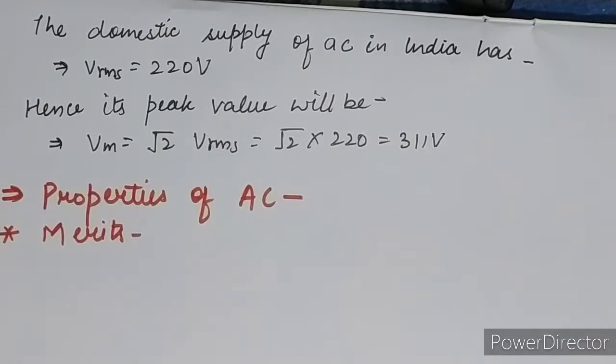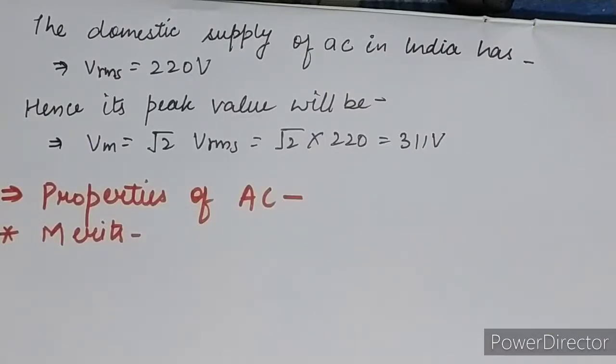So the first merit is that the alternating voltage can be stepped up or stepped down, so the transmission of electric power is possible at a high voltage and low current with very small power loss for long distance transmission.